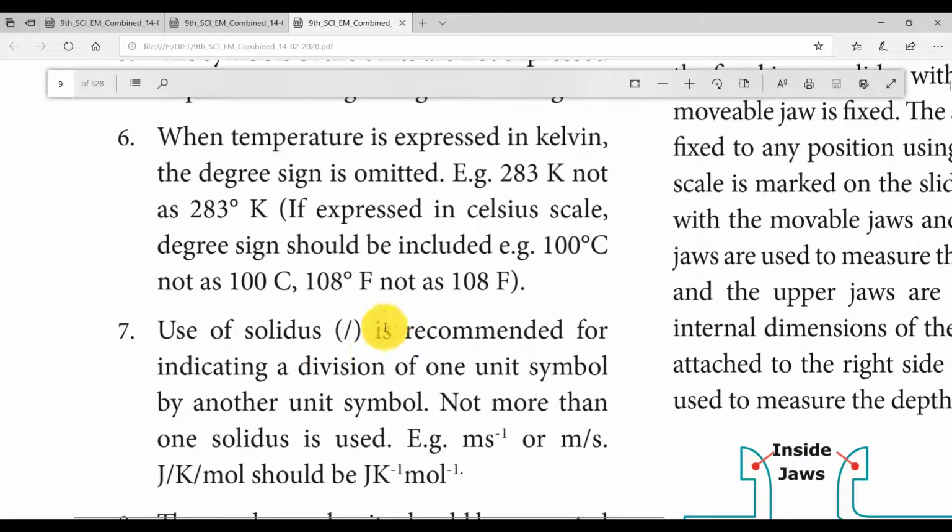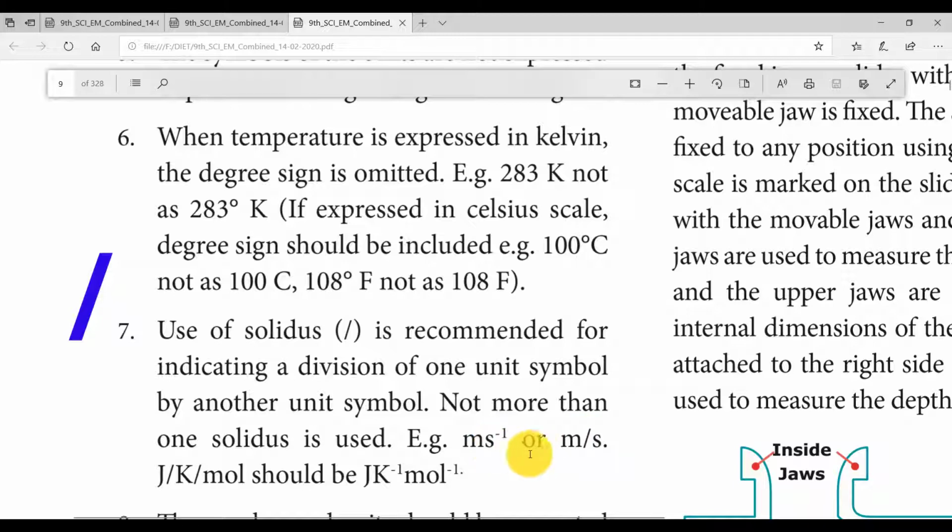Okay, and also the solidus, the slash symbol, is recommended for indicating a division of one unit symbol by another. For example, velocity is denoted as meter per second, is it not? m s power minus 1 or m slash s, both are the same.